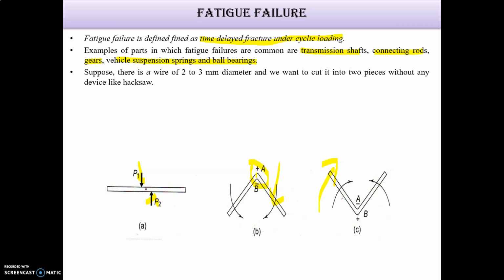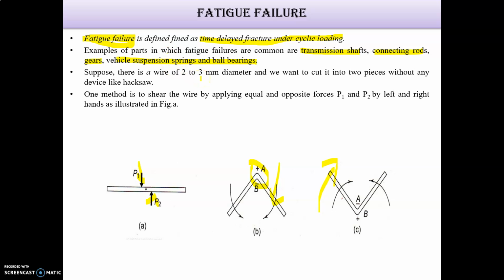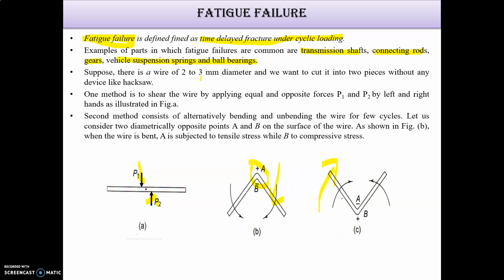Before yielding, it will generate a crack here. That crack is nothing but your fatigue failure. So this is known as fatigue. This is a shear operation, and alternately bending and unbending the wire for a few cycles gives you the cut portion of the wire.